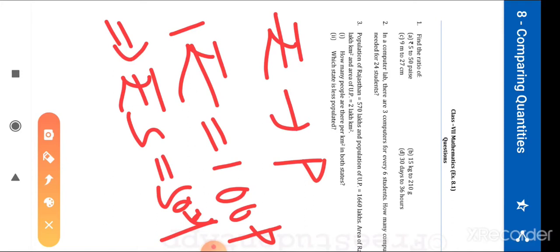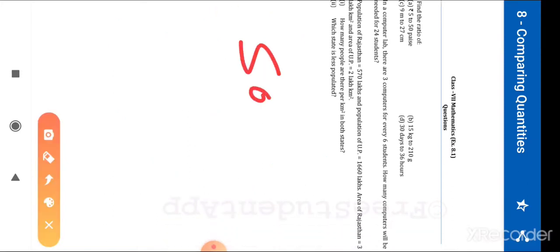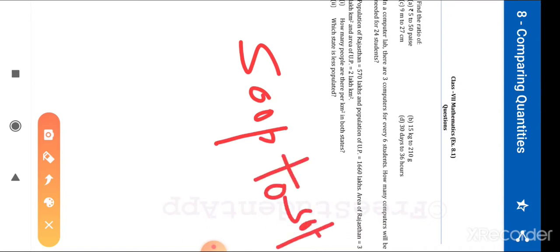Now our question is reduced to 500 paisa to 50 paisa. After equating both the units, we can find their ratio.